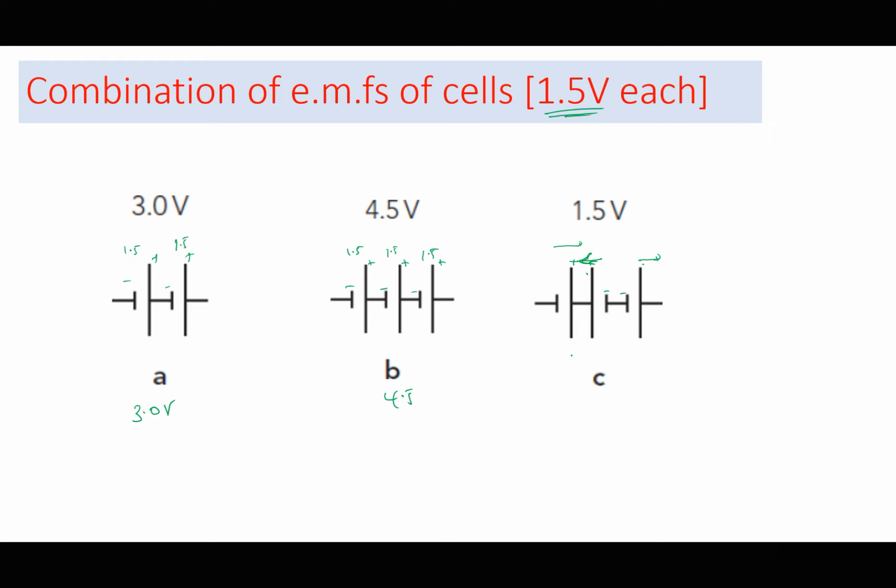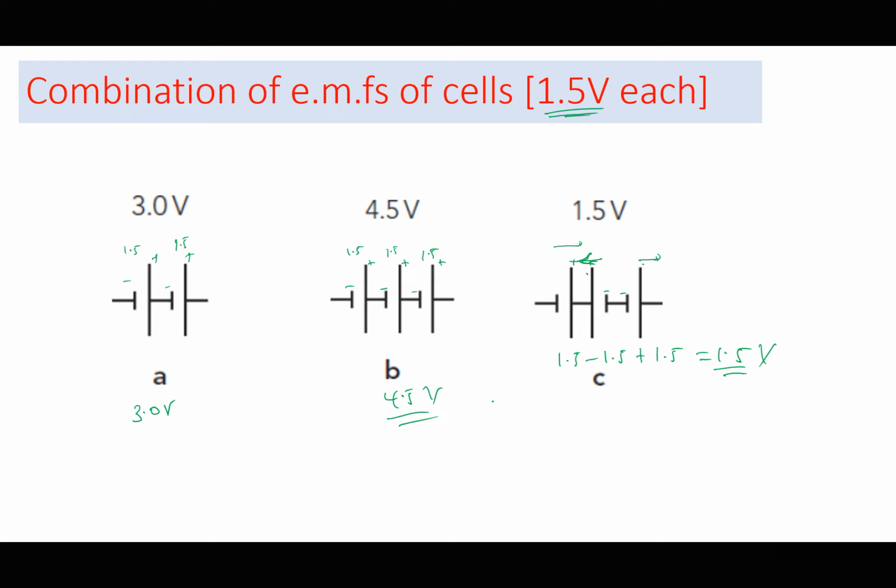So here the total EMF is going to be 1.5 minus 1.5 plus 1.5, which gives us 1.5. So when you look at the orientation of these cells, you should be able to identify that the total PD is going to be 1.5 volts.